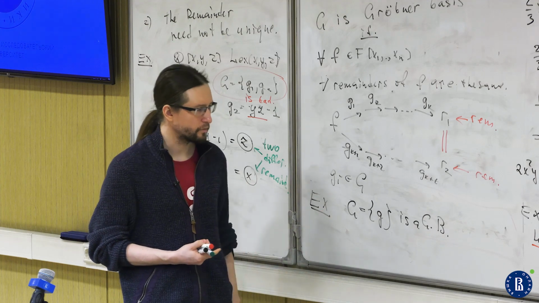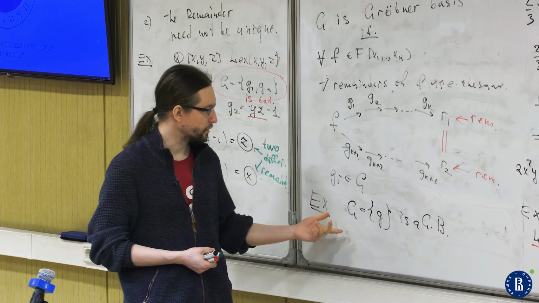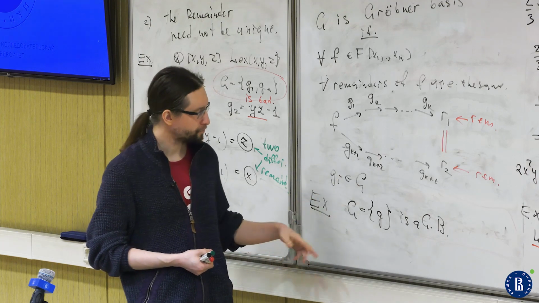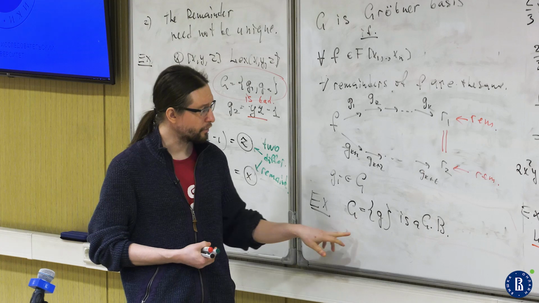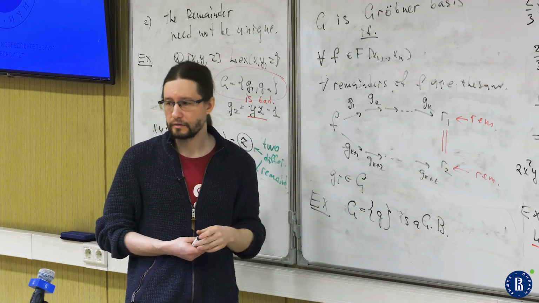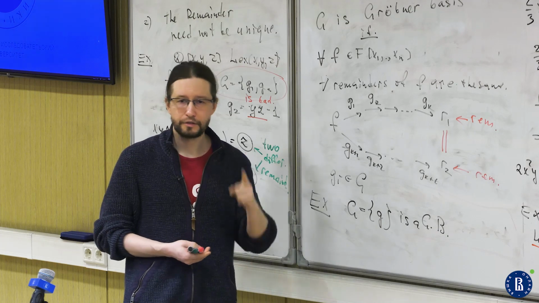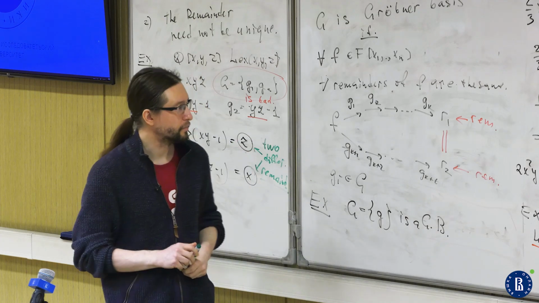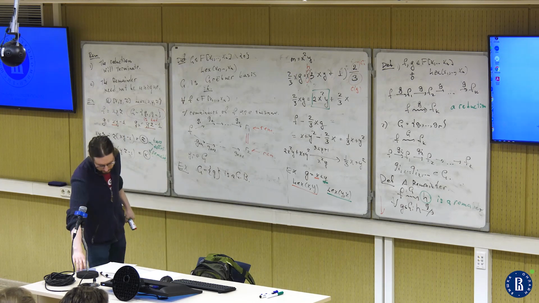So we will discuss it during the next two lectures, and I don't want to present them now. But at least you should be aware that if you take just one polynomial, the notion of remainder is well defined. So you will always get just one remainder. You shouldn't be worried about some anomalies.